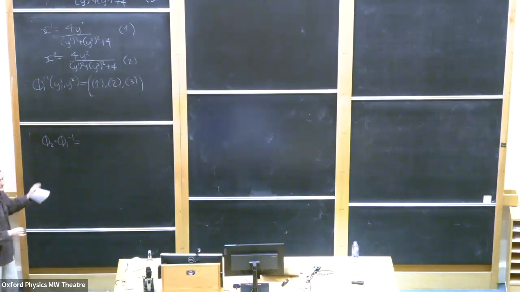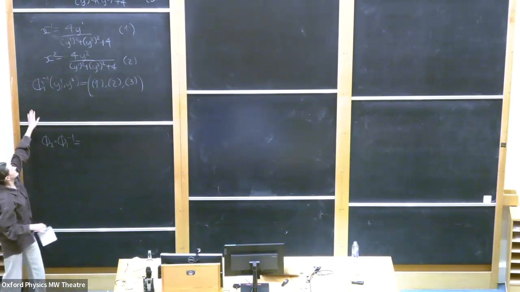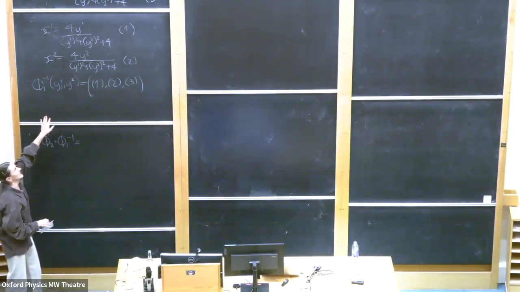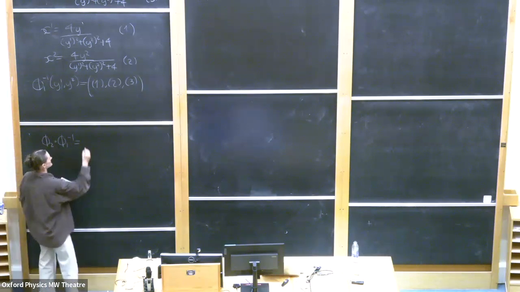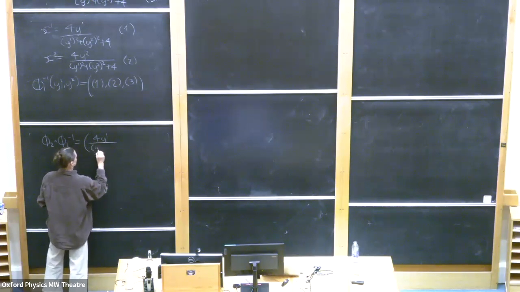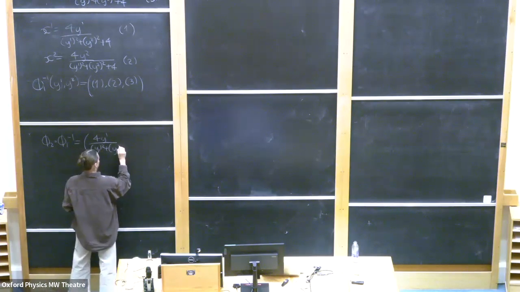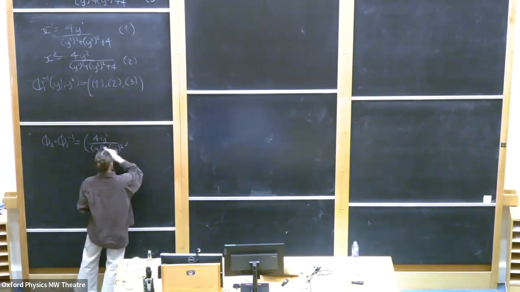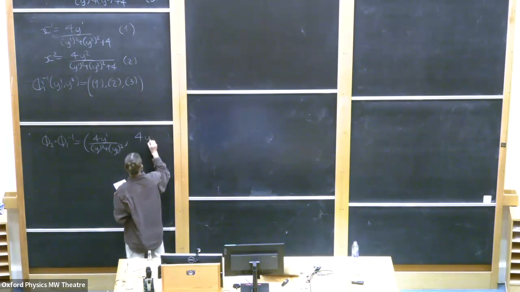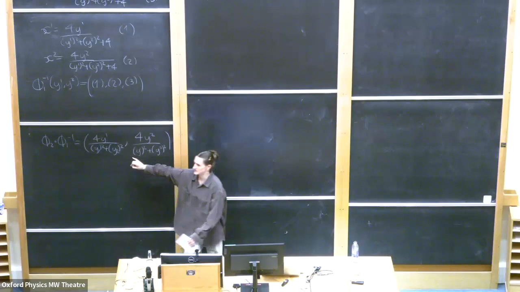Again, I'll leave you to fill in the details of this, but you basically just do phi1 inverse first and then act on it with phi2, and you get our first coordinate, and we can see this is a diffeomorphism.